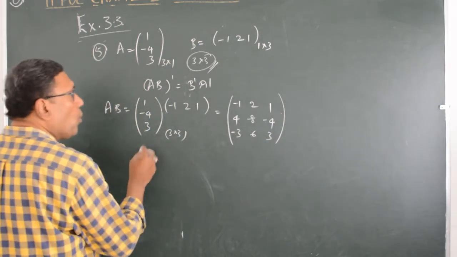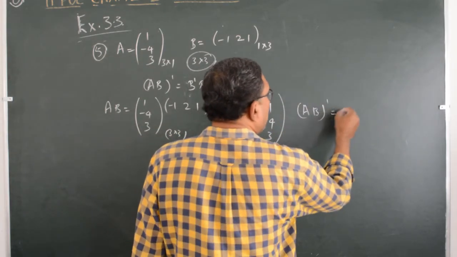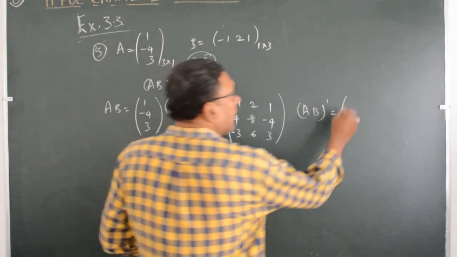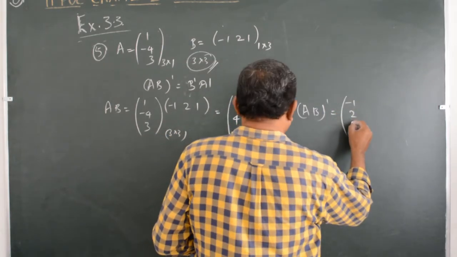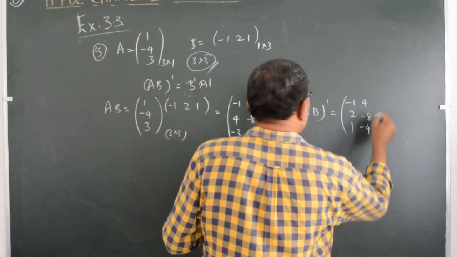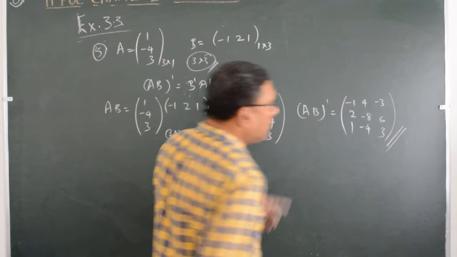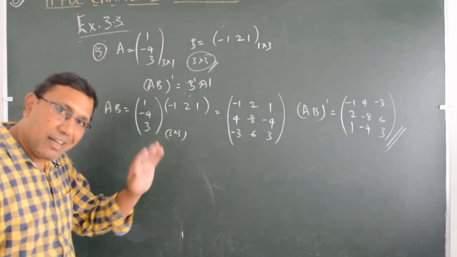So what I require is AB transpose. Transpose will be, write it in the transpose manner, which is 4 minus 8 minus 4, minus 3 6 and 3. Remember, this is my AB, its transpose.